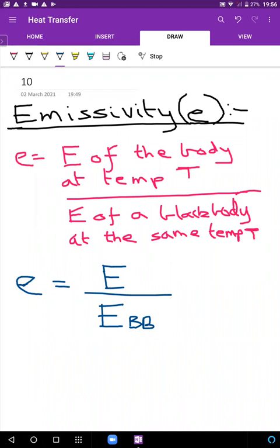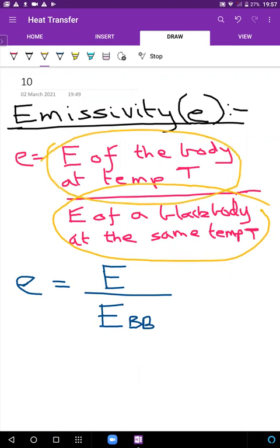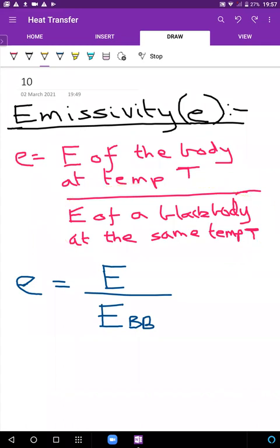But just to give you a little hint, you will find that this denominator is always bigger than or equal to your numerator. So at a particular temperature, you're going to find that the black body emits more energy as well.